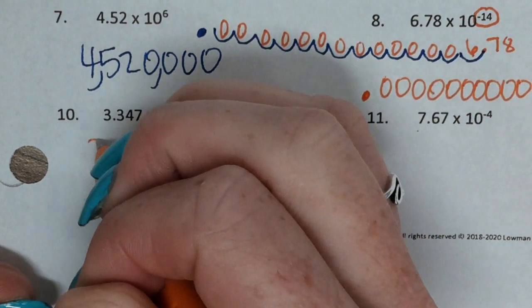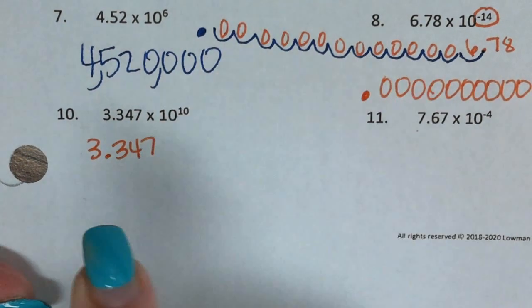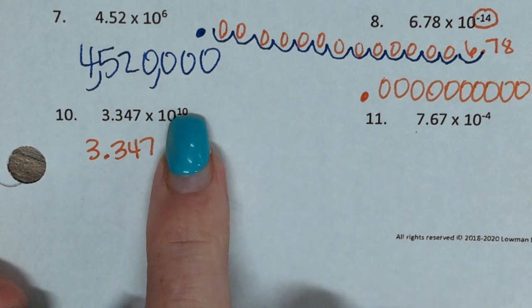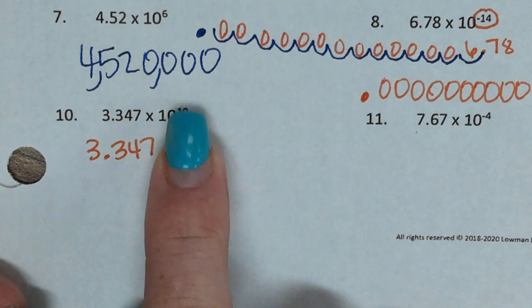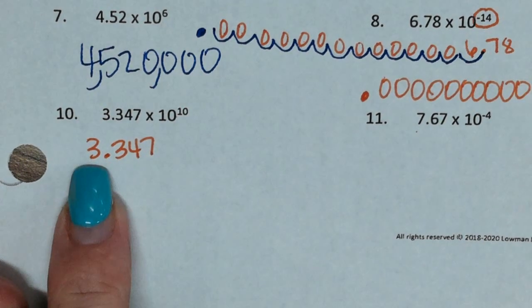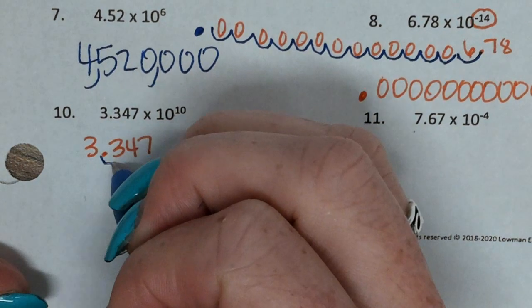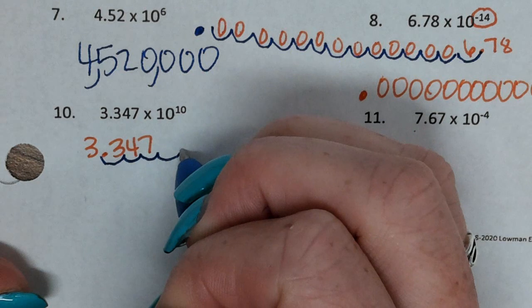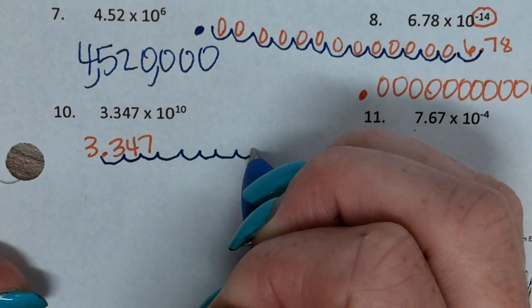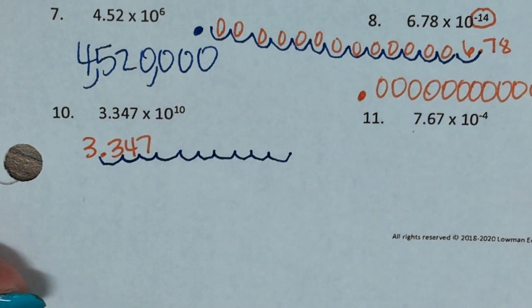I write 3.347. Notice I wrote it this way because this time the exponent is what? So I'm going to be going this way to the right 10 times. 1, 2, 3, 4, 5, 6, 7, 8, 9, 10.